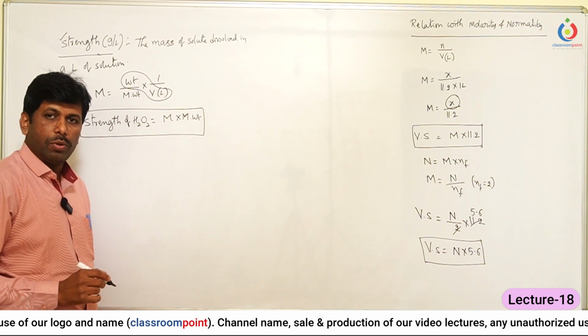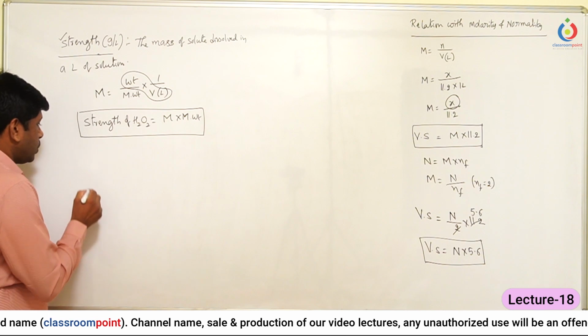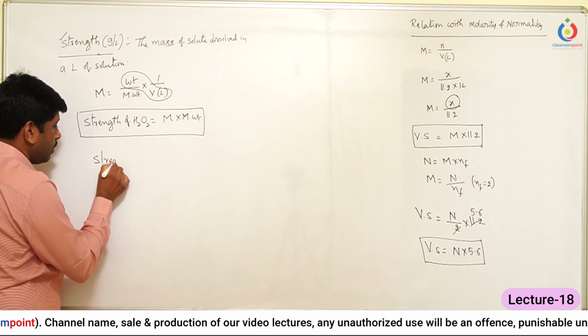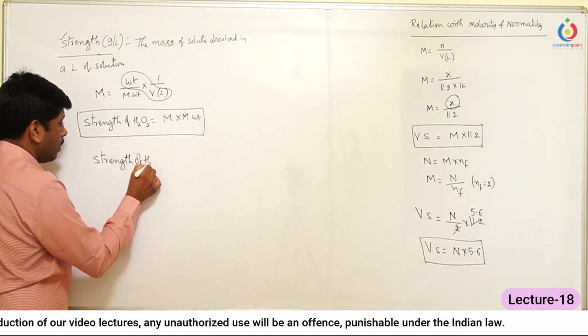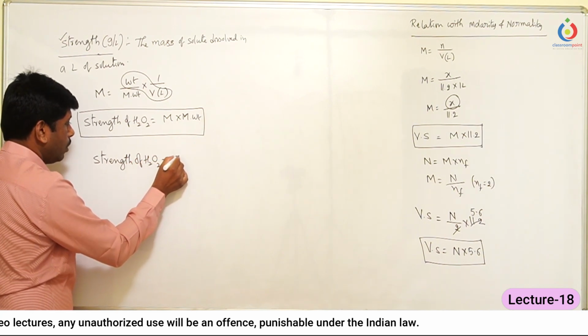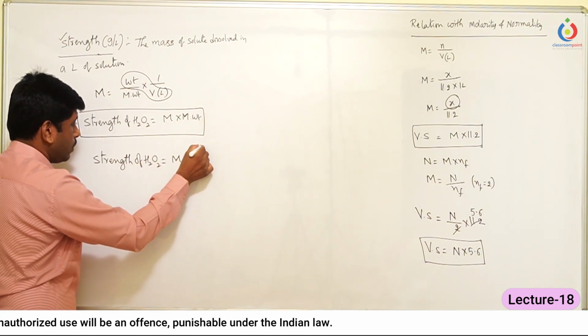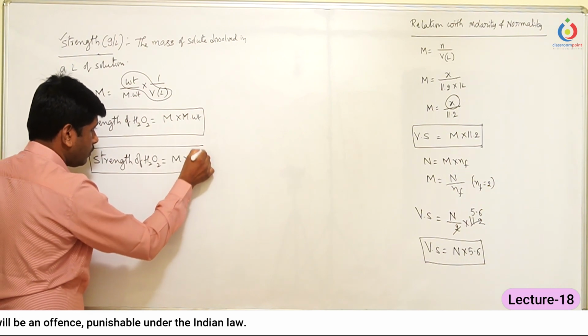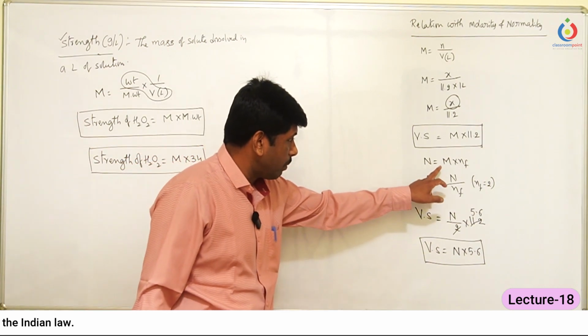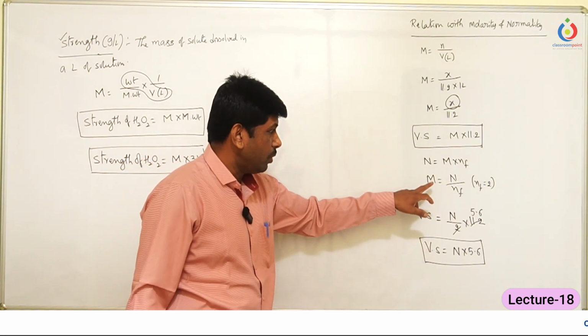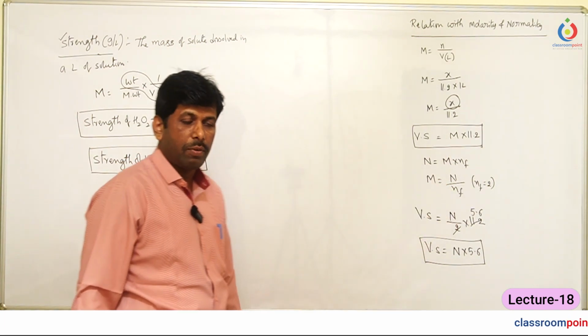Molecular weight of H2O2 is 34. So that's why we can write down that strength of H2O2 equals to molarity into 34. The same thing, if you want to use the normality in the place of the molarity, you know that molarity equals normality by n factor here.